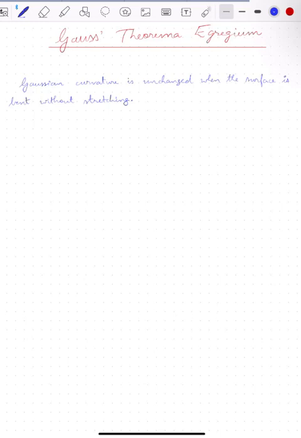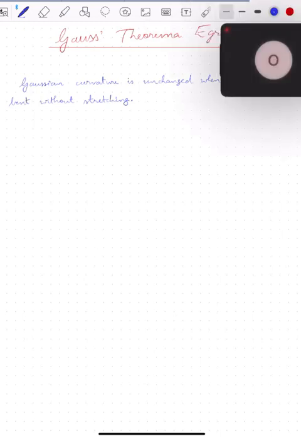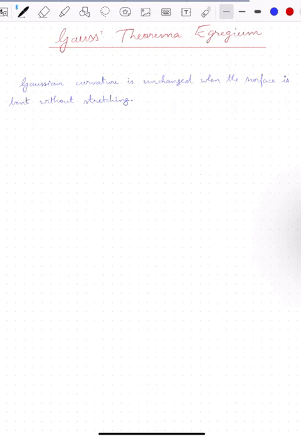Okay, so now let me start with what we call the Gauss and Codazzi-Mainardi equations.